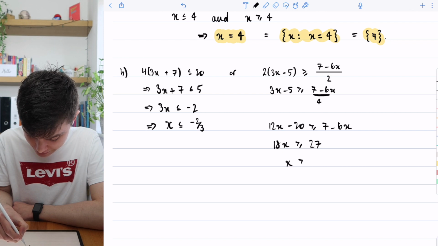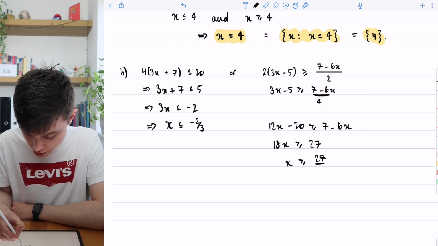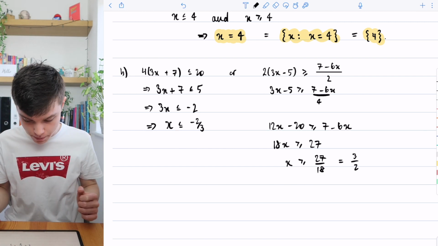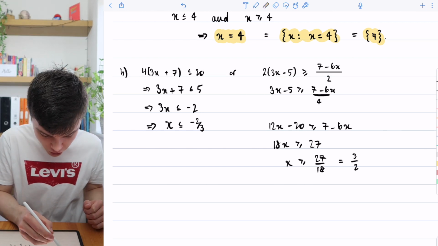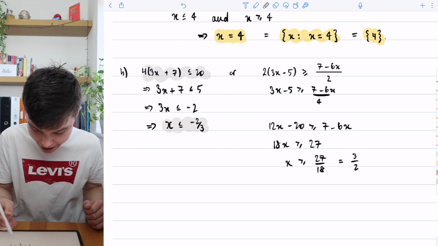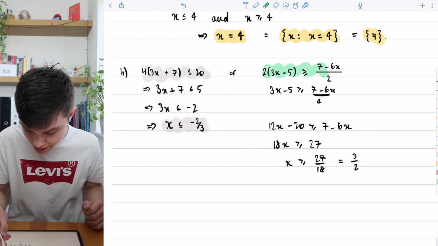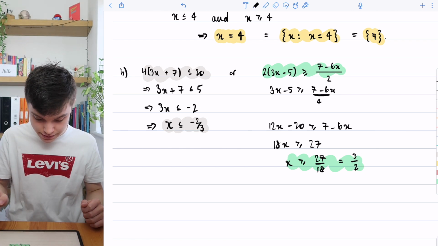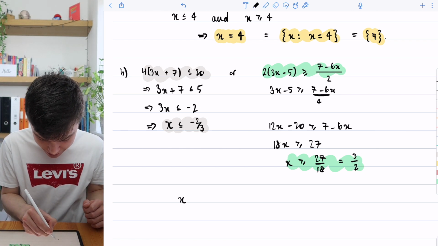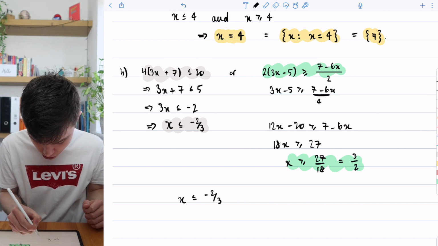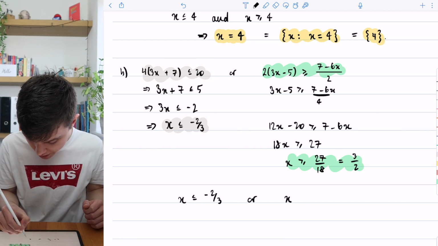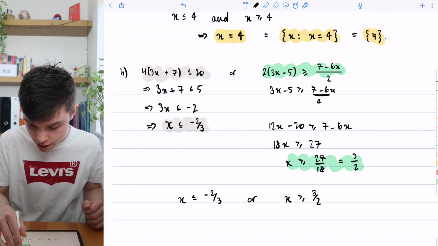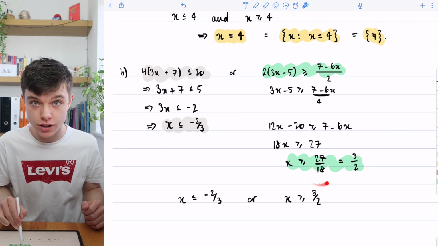And that tells me x is greater than or equal to 27 over 18, which is equal to 3 over 2. So what I've got is this case here from there, and I've then got this case here from that. So x is less than or equal to minus 2 over 3, or x is greater than or equal to 3 over 2, okay? Just simplifying that fraction there.